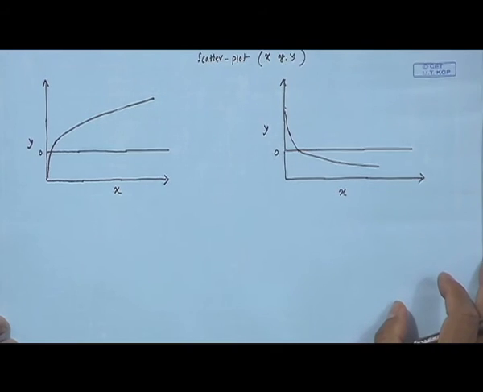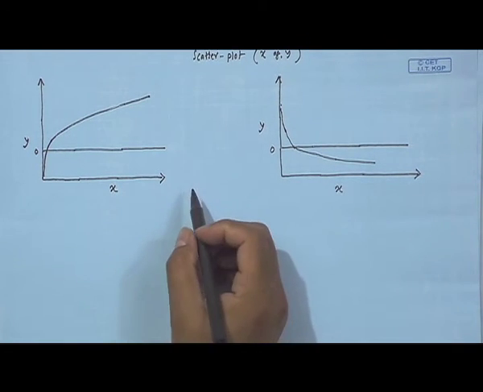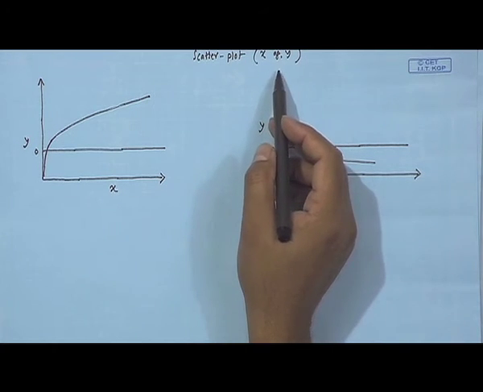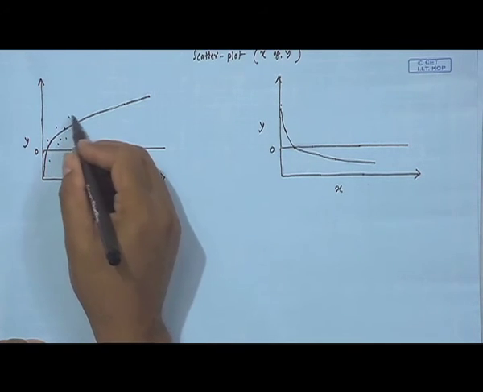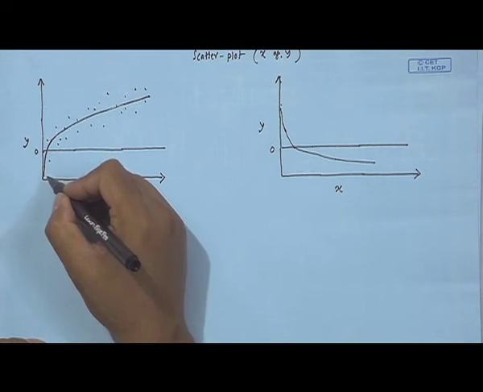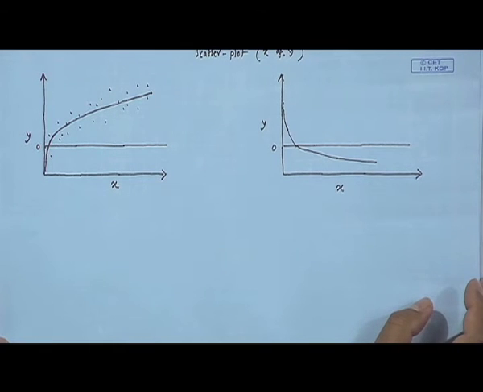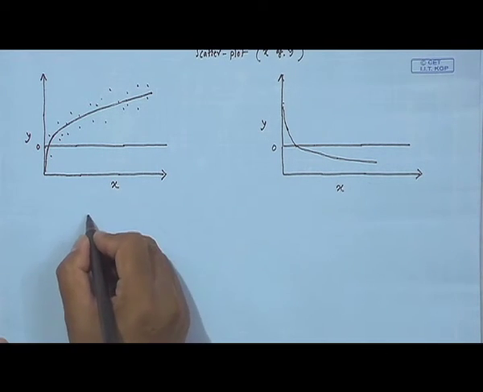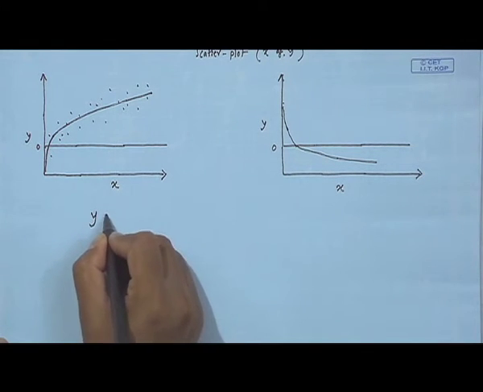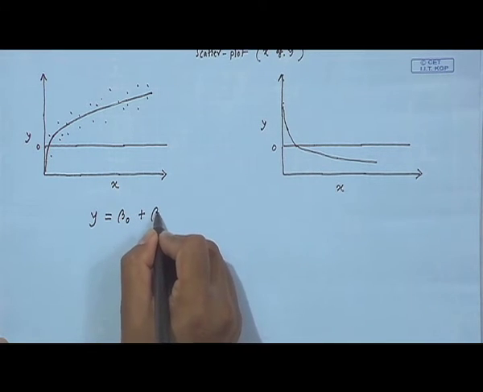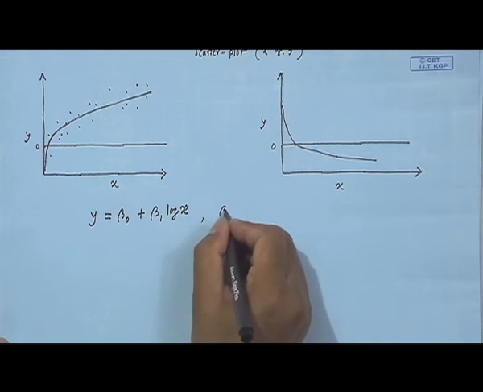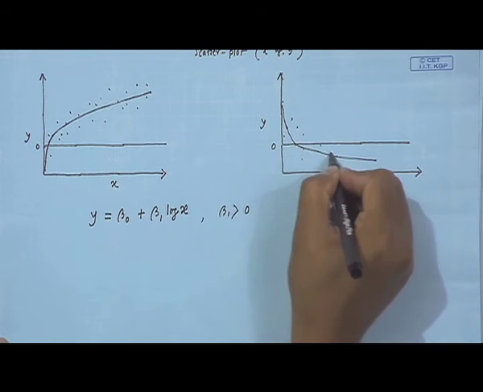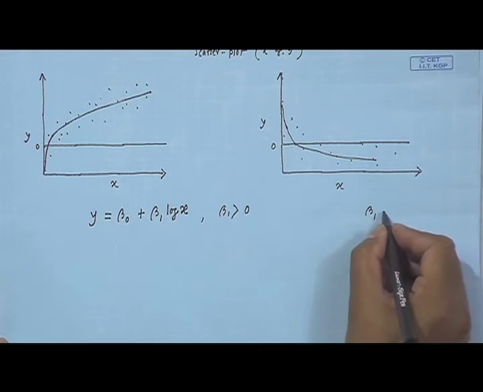So, one more example is here. So, this is the scatter plot of y against x, and if you see a scatter plot similar to this which is centered about this curve, then the relationship between y and x here is y equal to beta naught plus beta 1 log x for beta 1 greater than 0, and this one is the same, this one is for beta 1 less than 0.